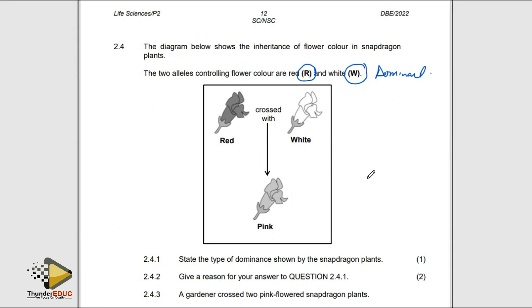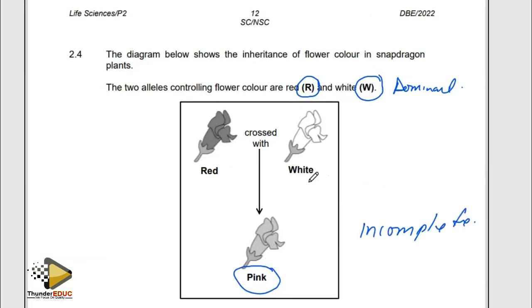So the type of dominance, the moment you get an intermediate, with neither of the parent colors produced in the offspring, that kind of dominance is called incomplete. It means that red is neither dominant over white, nor white dominant over red. An example is different presidents of different countries.